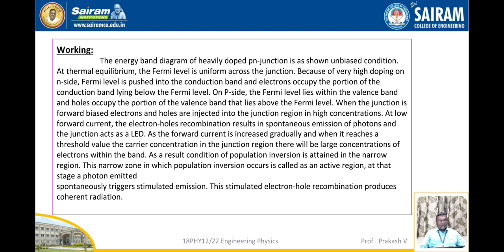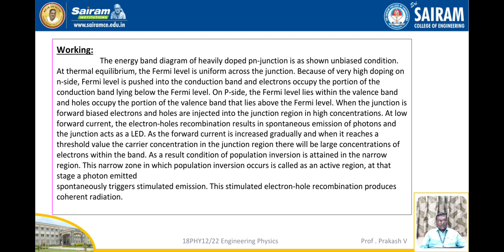Because of very high doping on the N side, the Fermi level is pushed into the conduction band and electrons occupy the portion of the conduction band lying below the Fermi level. On the P side, the Fermi level lies within the valence band and holes occupy the portion of the valence band that lies above the Fermi level.